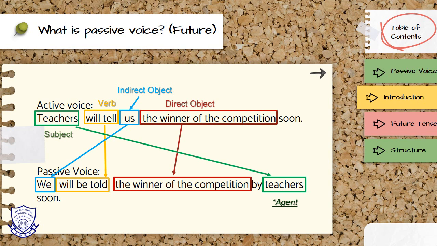So us becomes we in the sentence in the passive voice. Such changes in terms of pronouns and syntax take time and practice. You cannot learn everything in one go, or in one lesson. So we will try to discuss more in the exercises.